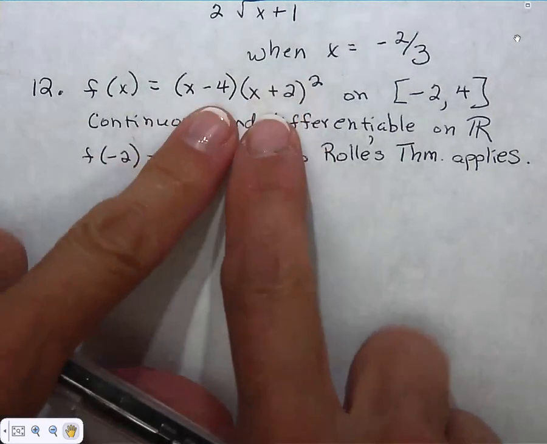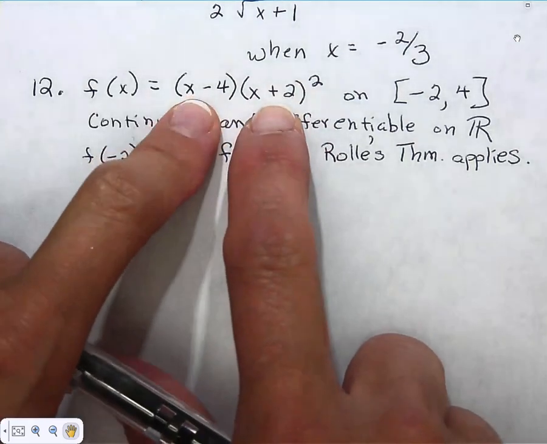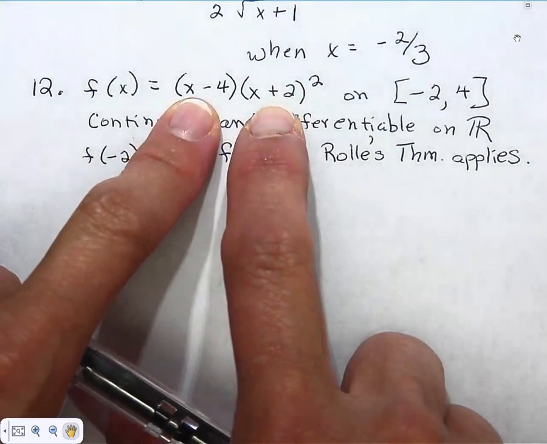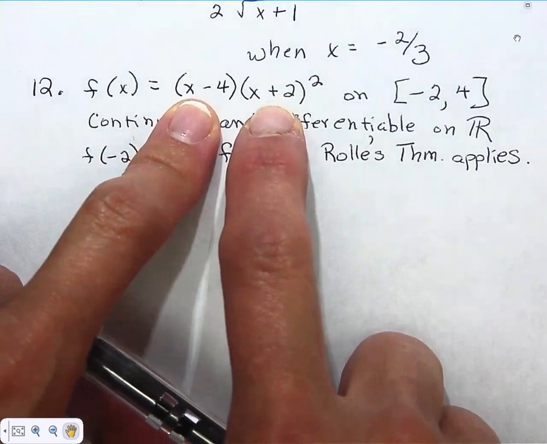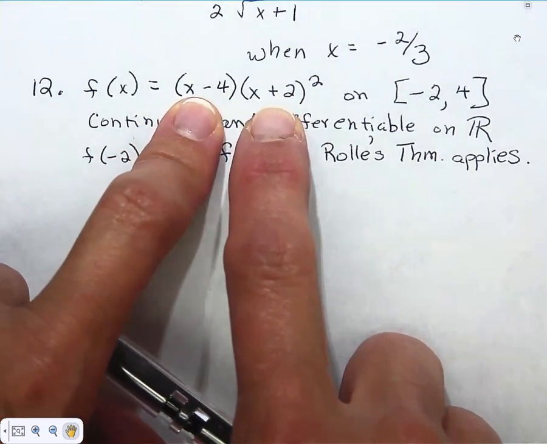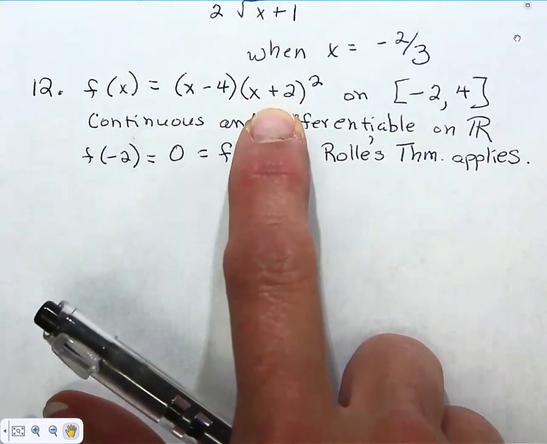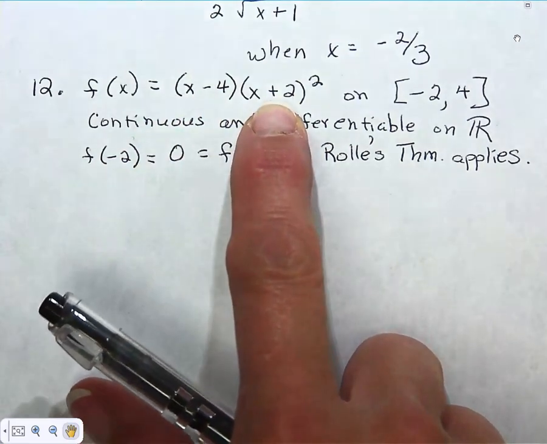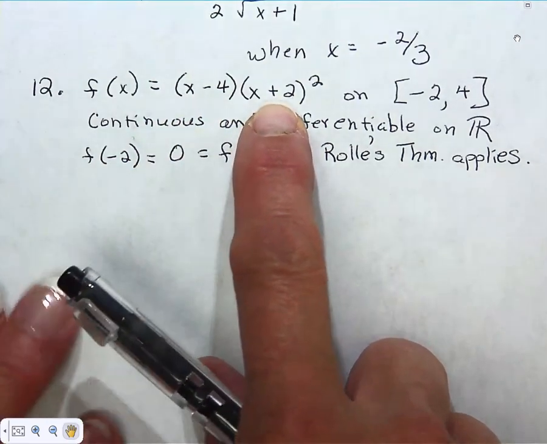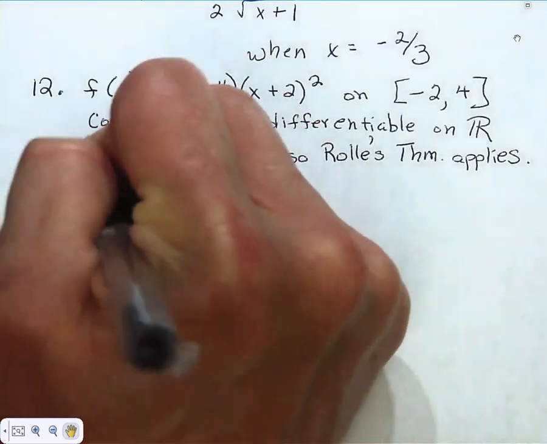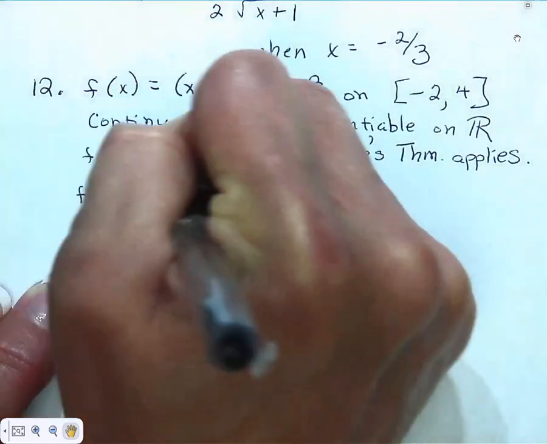Now, if we leave the function like that, what's it going to take to find the derivative? It's going to take the product rule and then the chain rule within the product rule. That's absolutely fine. We could do that. Just to save us a minute of time, I went ahead and multiplied it out. I'm just going to tell you what I got.